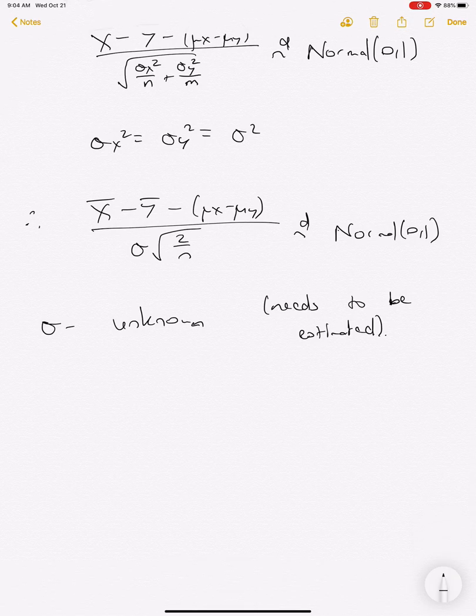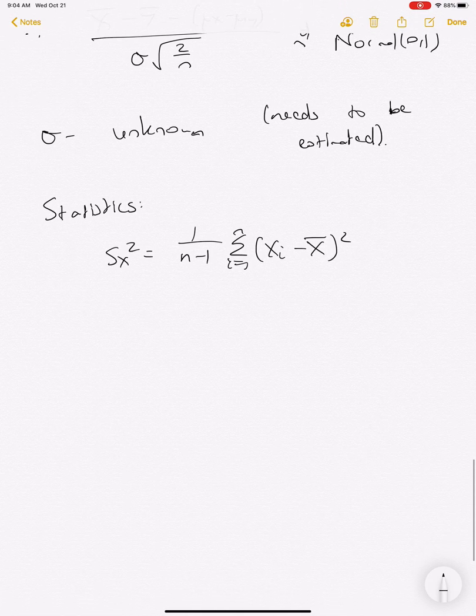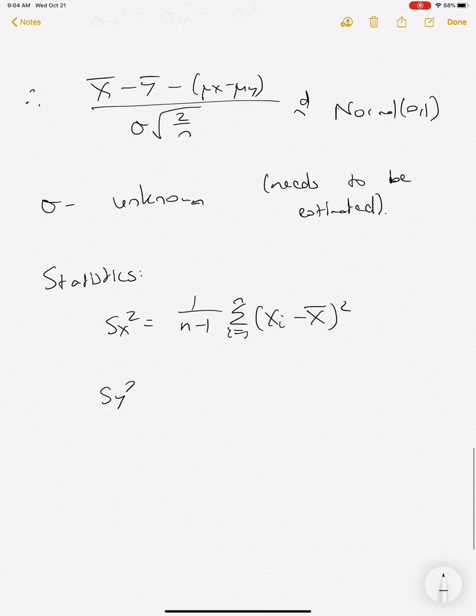Well, we have a few options here. So we have the statistic sx squared. Okay, so we know that that's an unbiased estimate for sigma x squared, which is sigma squared.